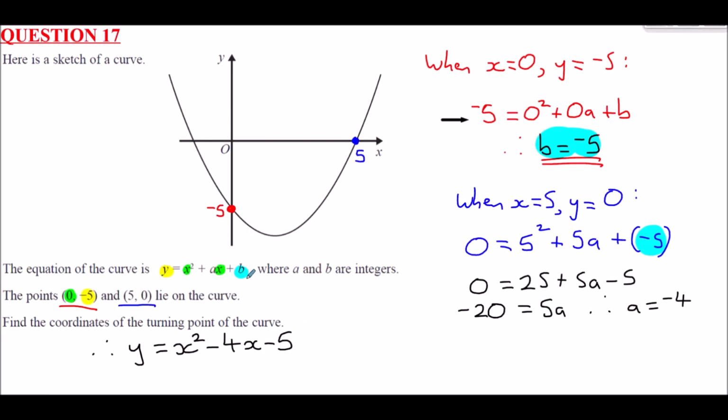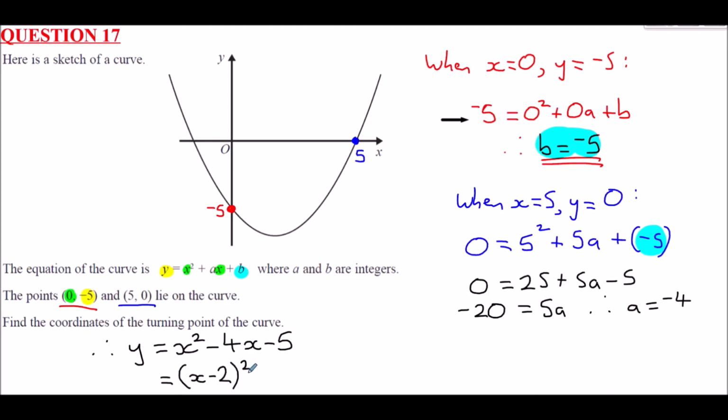Now, we can find the turning point essentially by completing the square on this. So if we complete the square, we can swap this expression x squared minus 4x for its completed square alternative. So x squared minus 4x, instead of an x squared, we put the x in brackets. We half the coefficient of the x, the number in front of the x, so we half minus 4, which gives us minus 2.